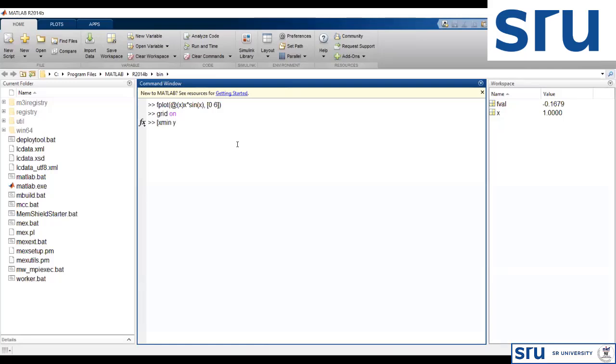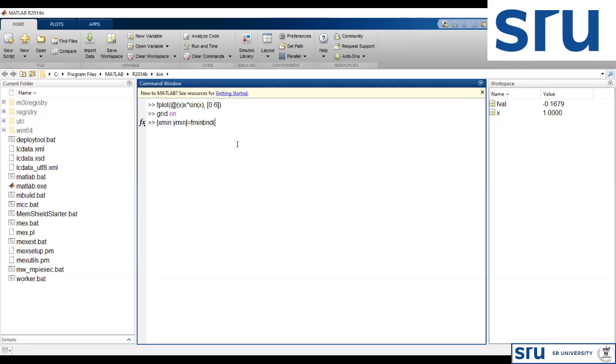We have to find x min and y min, equal to fminbnd. If any error is there, it will show in red color.